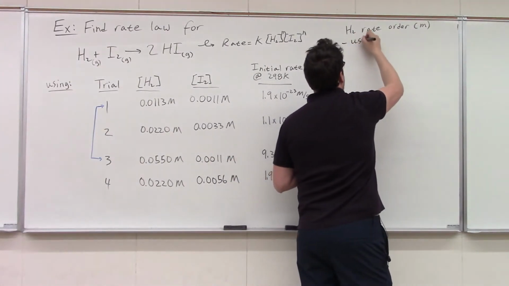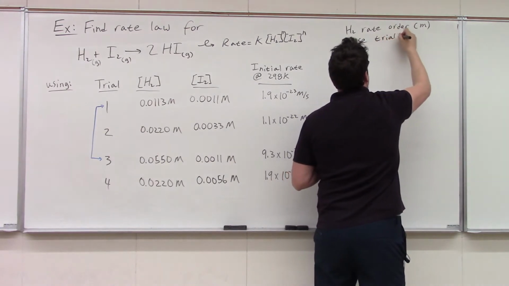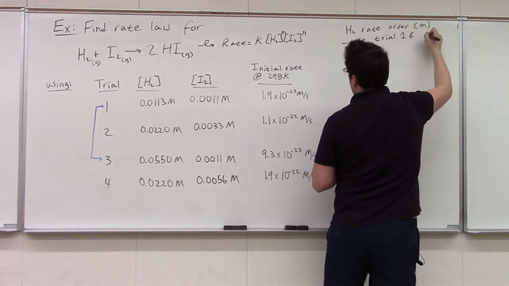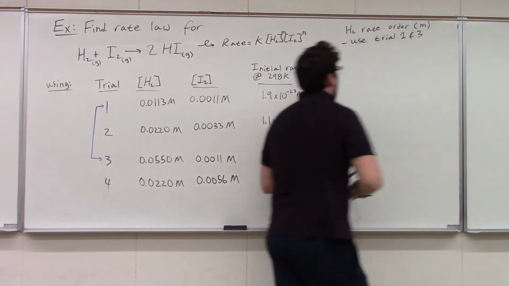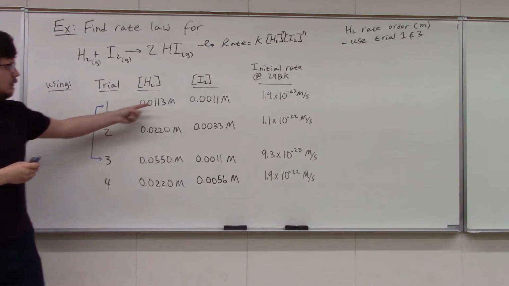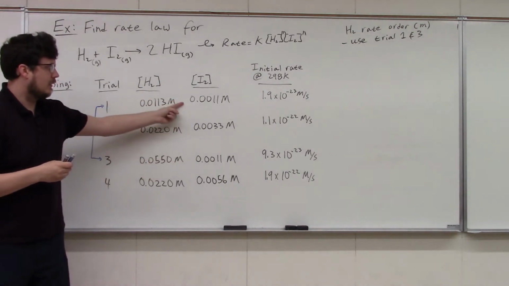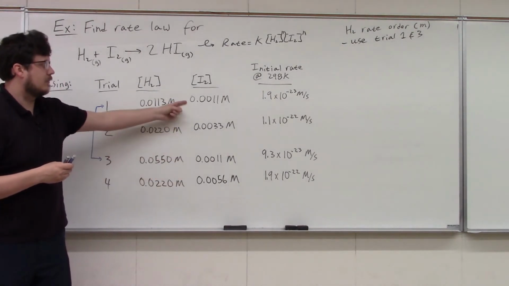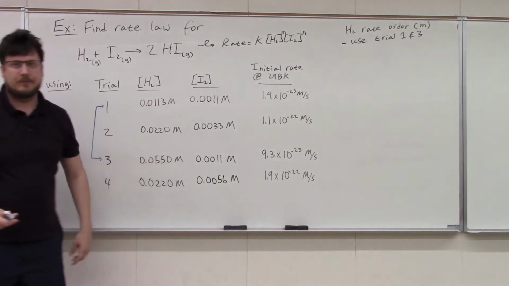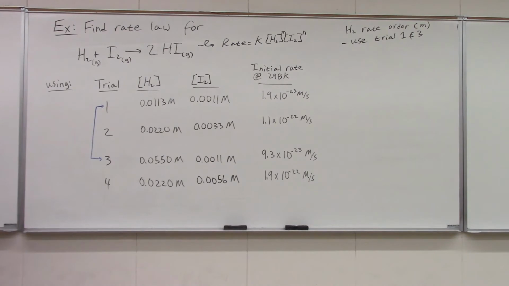We are going to use trials 1 and 3, because, again, we're changing H2, but we are not changing I2. I can't use any other data set for this, because anything else I put together has different values for I2. So I have to use those.